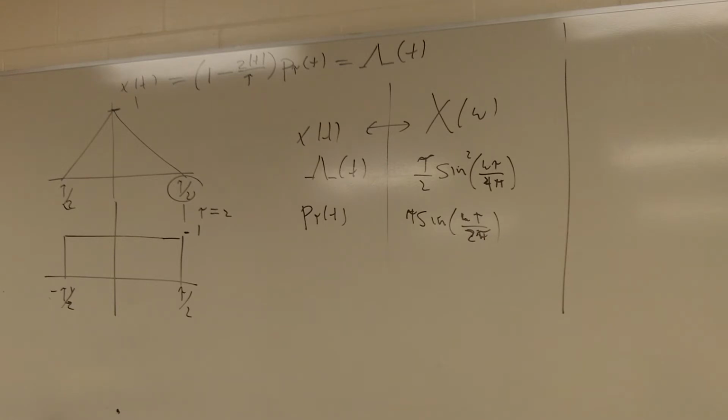And it would be a simple triangle, minus this, though, from minus tau over 2 to tau over 2 with height 1. Y'all agree with that? Okay.